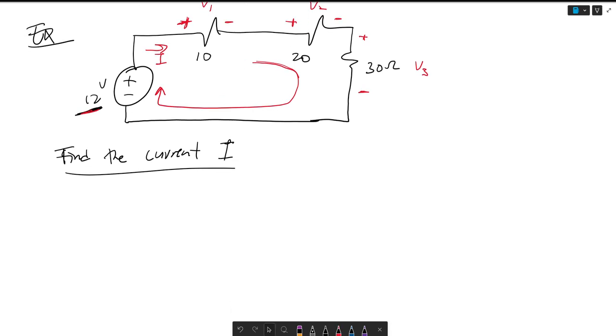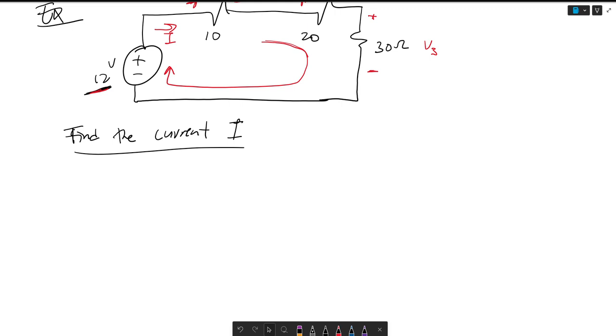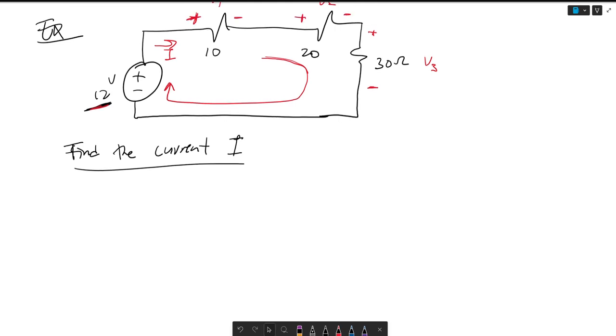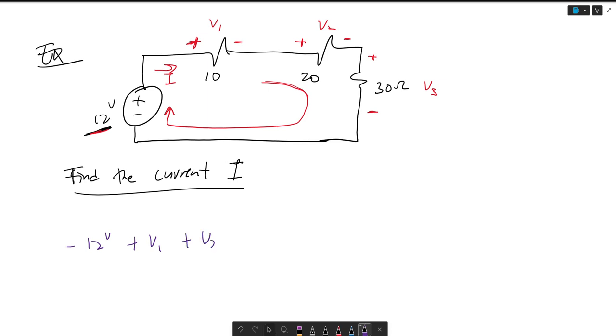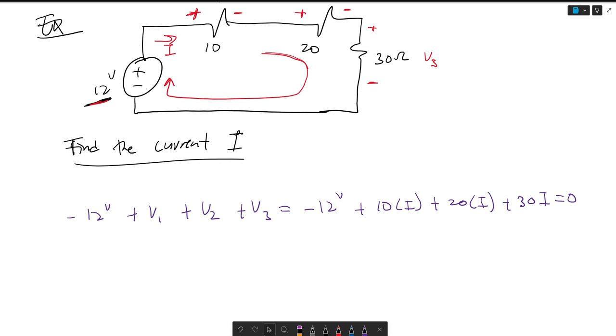where when I write my KVL, I could say that minus 12 volts plus V1 plus V2 plus V3 is equal to minus 12 volts plus 10, which is the resistor, times I, which is the current, plus 20 times I plus 30 times I is equal to 0.